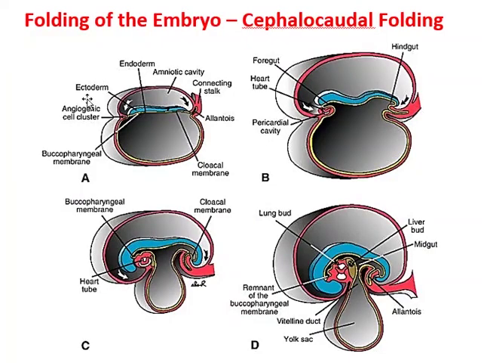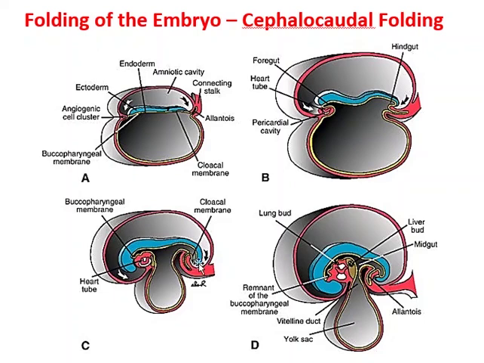This is the diagram showing the embryo from a disc to two folds, head fold and tail fold, to become like that. It's folding from the cranial part and caudal part. So the amnion from dorsal is incorporated to the ventral part of the cranium and the ventral part of the tail or caudal part of the embryo.